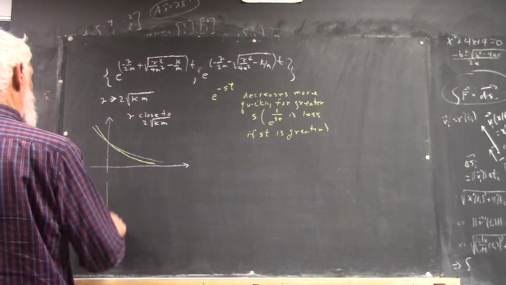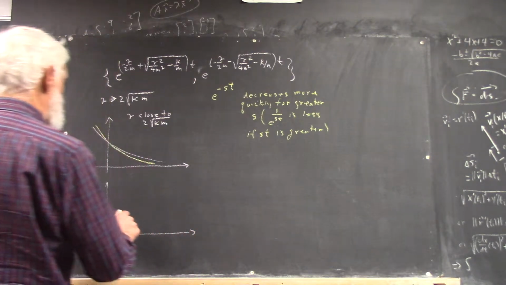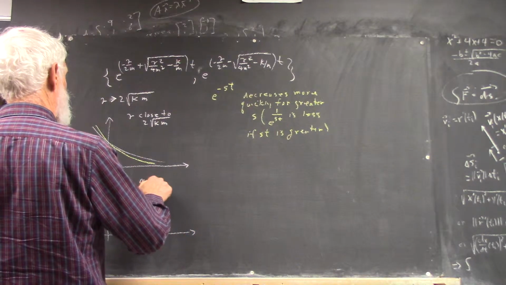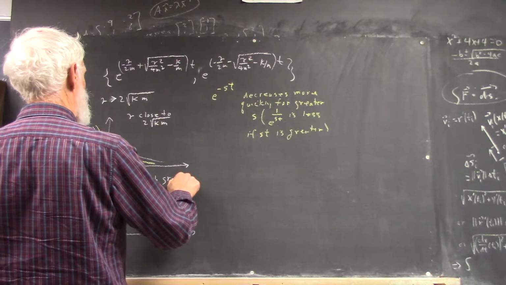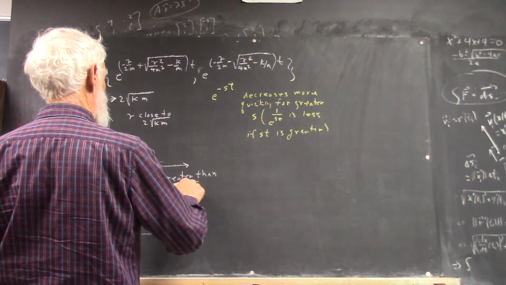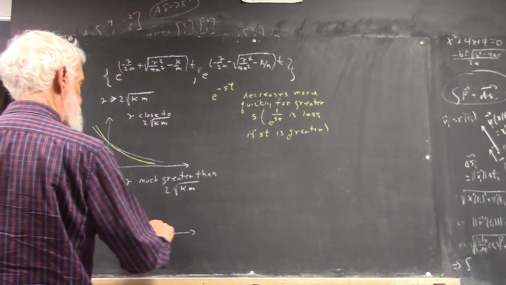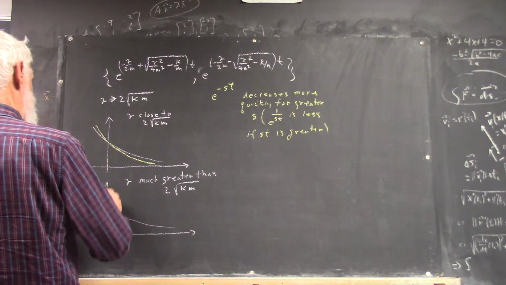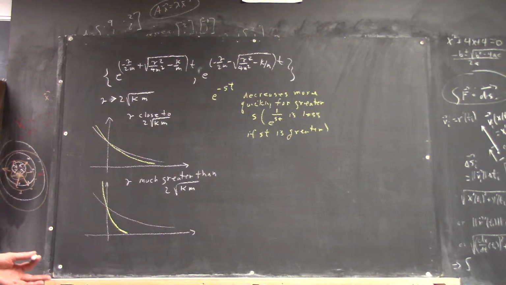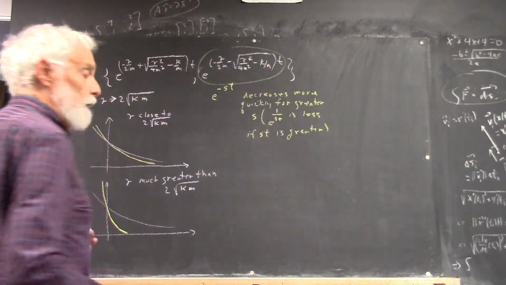And if gamma is far from 2 square root of Km, then you have this. Of course, this is the one that I'm doing in yellow.